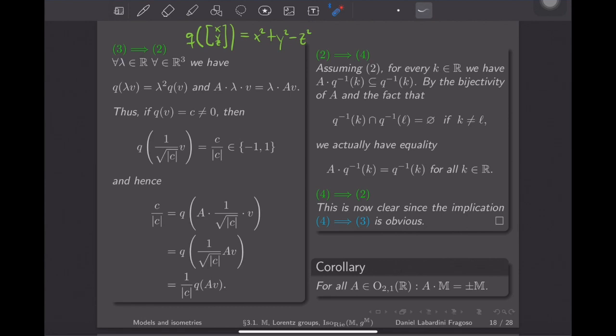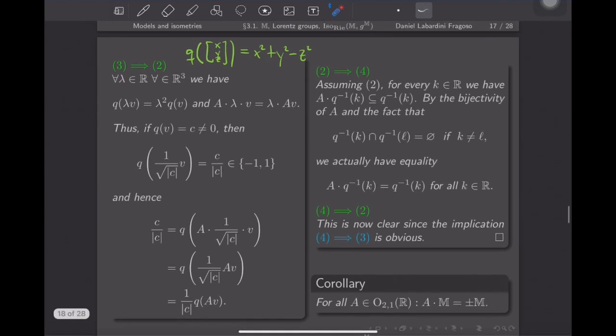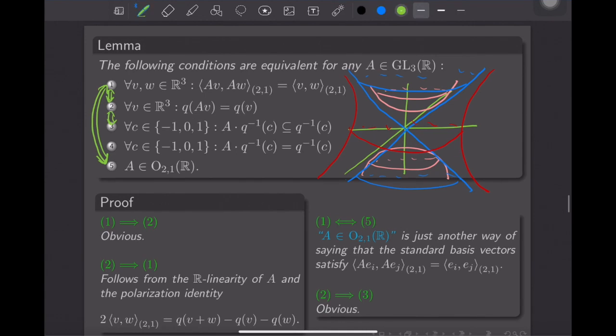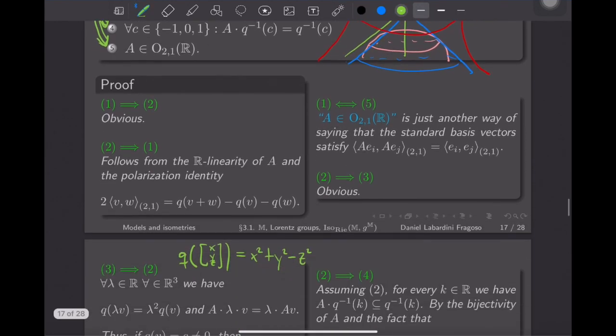So when I take 2 different points in the image, their inverse images are completely disjoint. That really is it. So I have this 2 implies 4.